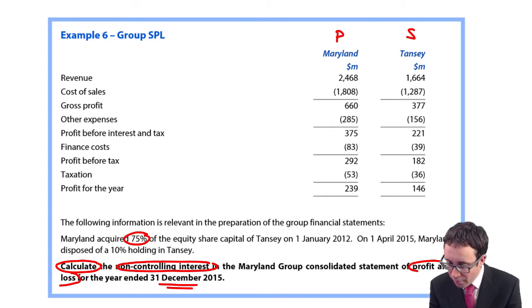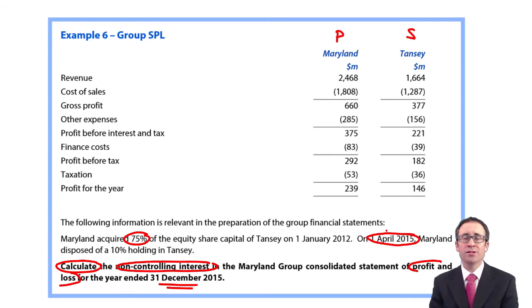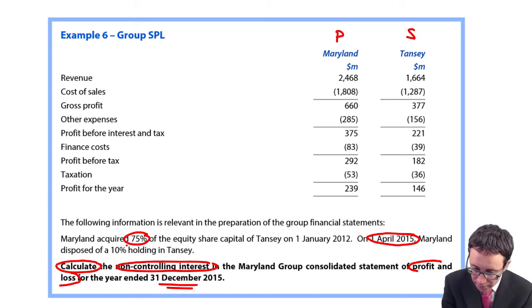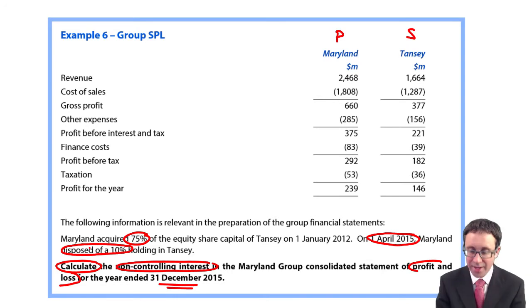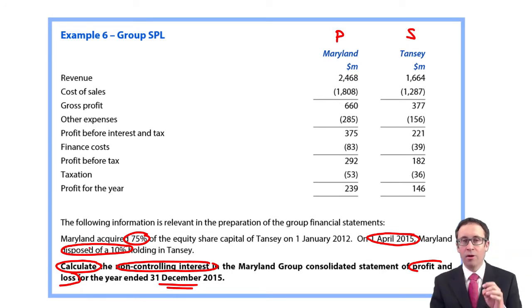We're then told that on the 1st of April 2015, so that's 3 months into the year that we are looking at, December 15, we disposed of a 10% holding in Tansy. So therefore, we'll have gone from 75% down to 65%, and therefore the non-controlling interest will have changed.